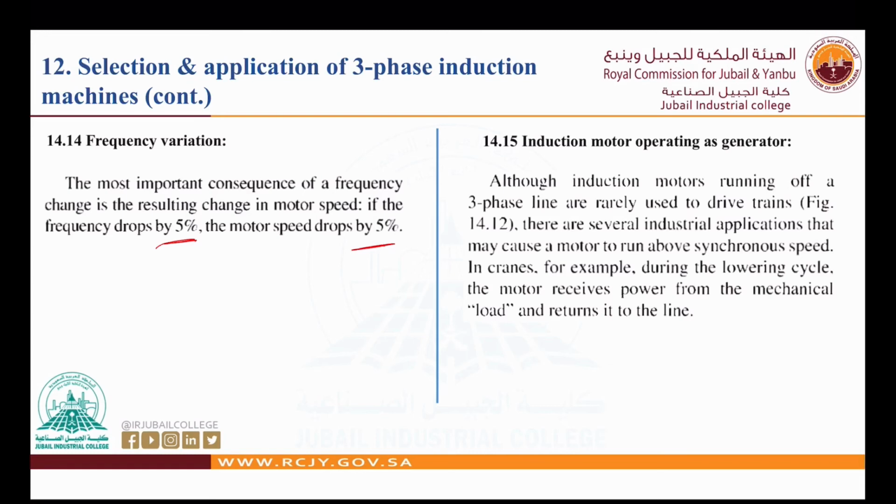Although induction motors connected to a three-phase line are rarely used to drive trains, consider the problem: let's say we have a train on a straight road, and then there is a downward inclined road, a hill.